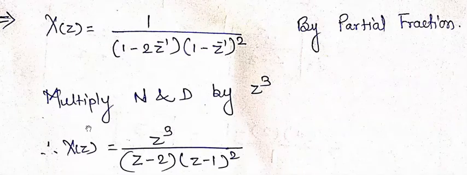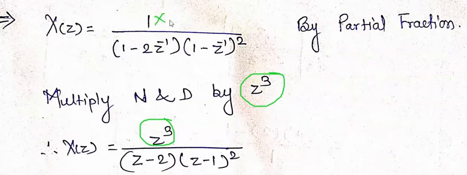So here we will multiply the numerator as well as the denominator by z cube. When we multiply by z cube, we get z cube at the numerator. Similarly, at the denominator, it will be (z minus 2) into (z minus 1) square, and overall it is z cube itself.